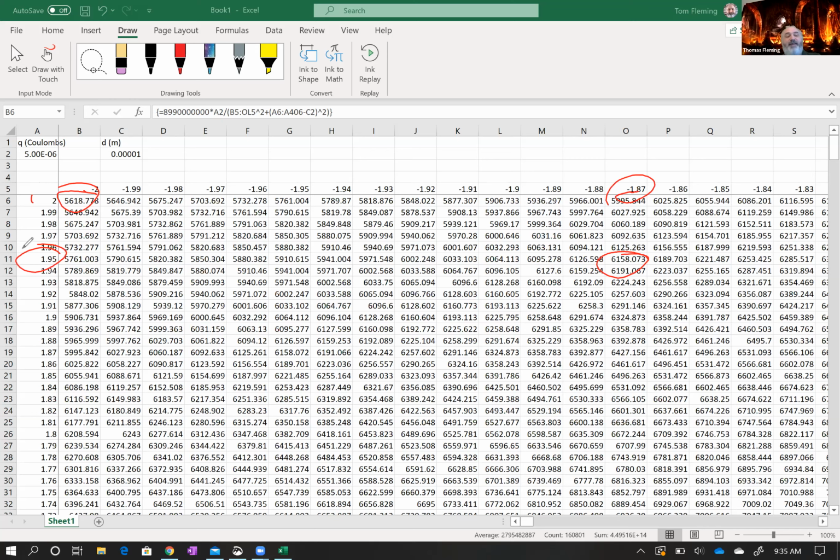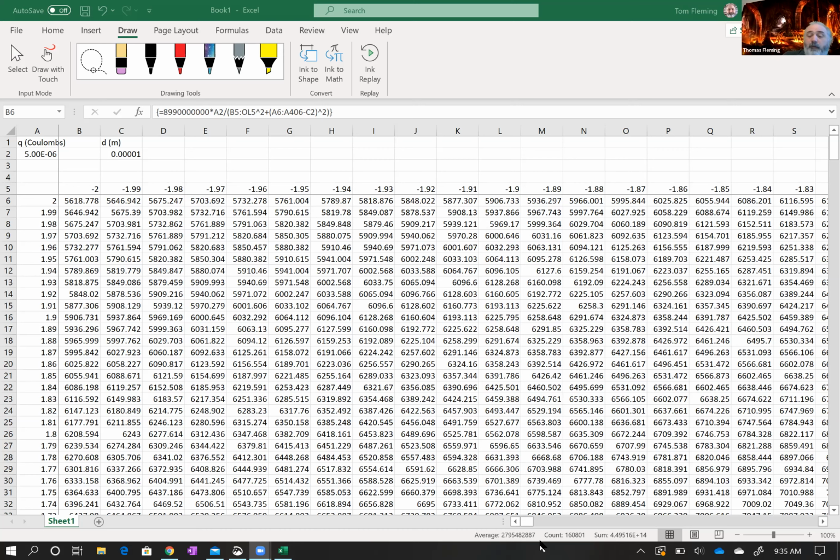That's how that's going to work. So I have a calculation of the electric field everywhere over my entire region. And this is the real electric field, right? This is the thing that we're going to compare our answer to in this lab. This is our theoretical value for E. This is what we expect to get when we do it this other way.